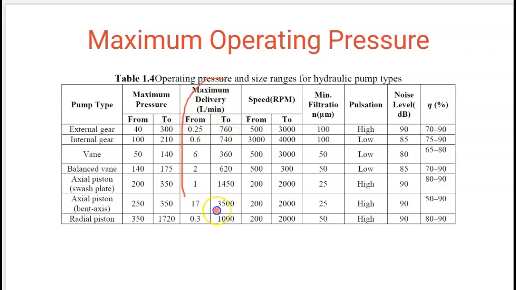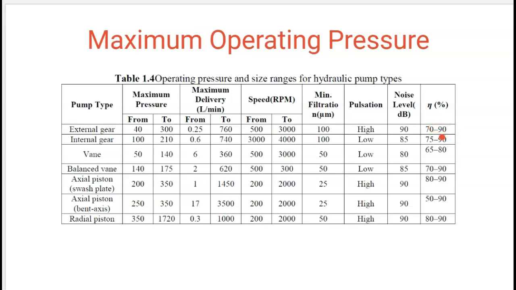The speed is all the way from 500 to 3000. The minimum filtration requirement is 100 micrometer. That is the micrometer symbol. Pulsation, it provides a high pulsation. If the pulsation is high, the noise level in decibel is going to be high as well. And the efficiency is between 70 and 90.